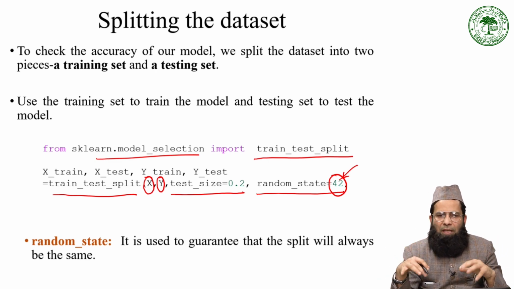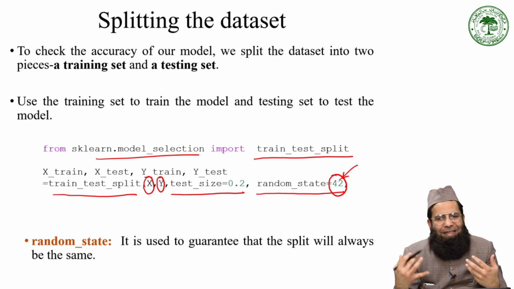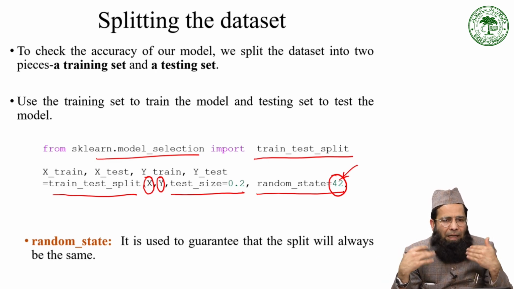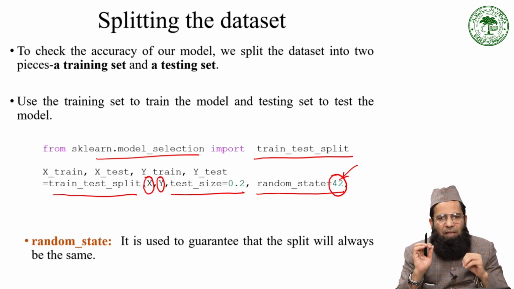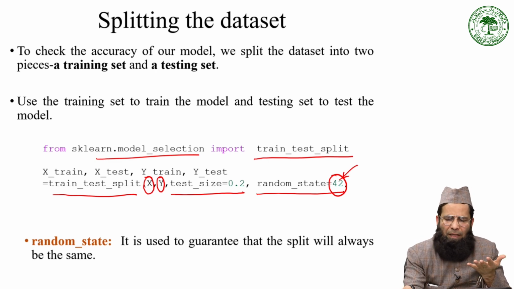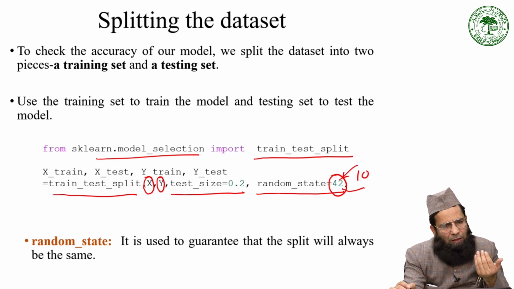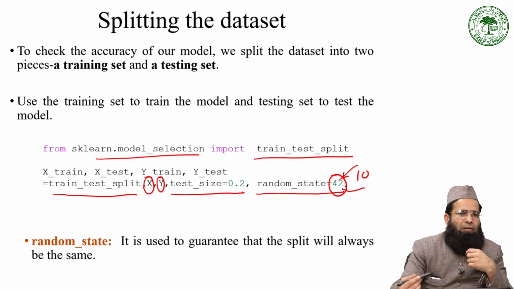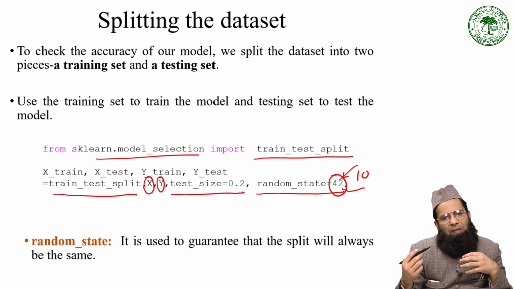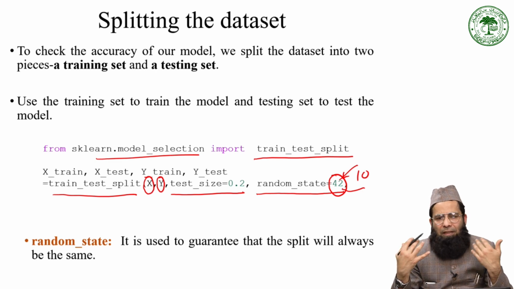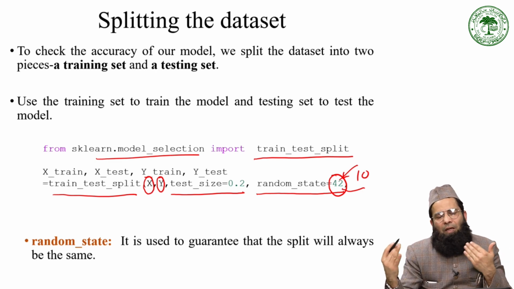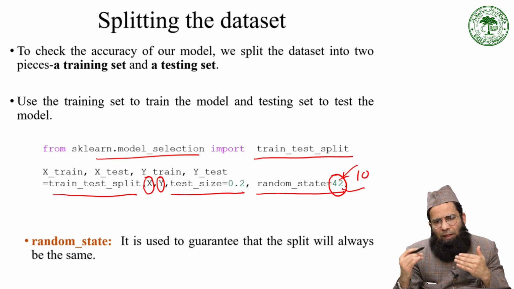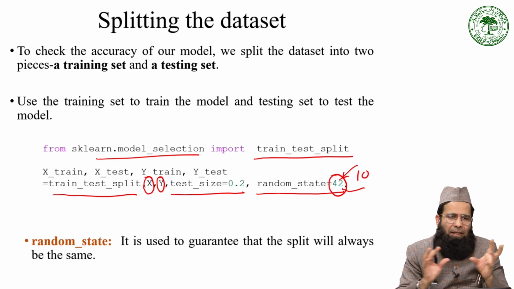Using this initial seed value, we can guarantee that the split will always be the same. You can use any value here, let's say 10 and so on. The beauty of this seed value is that you can regenerate your training and testing dataset.